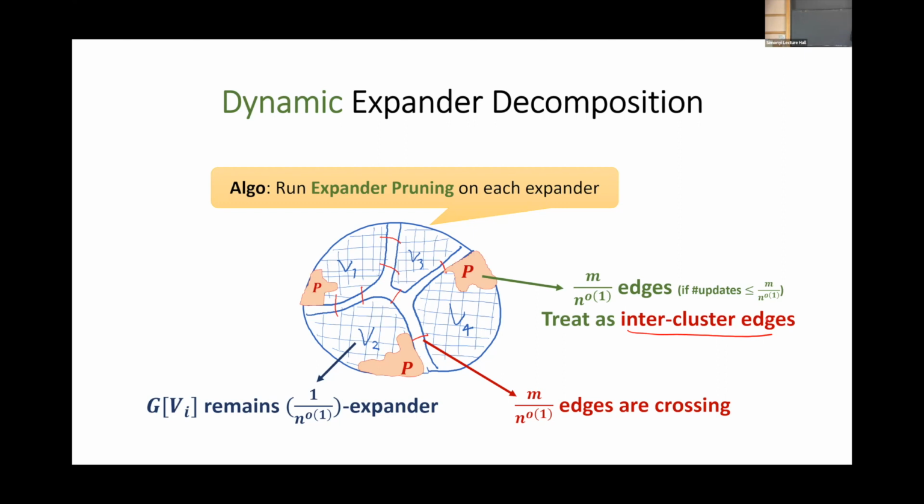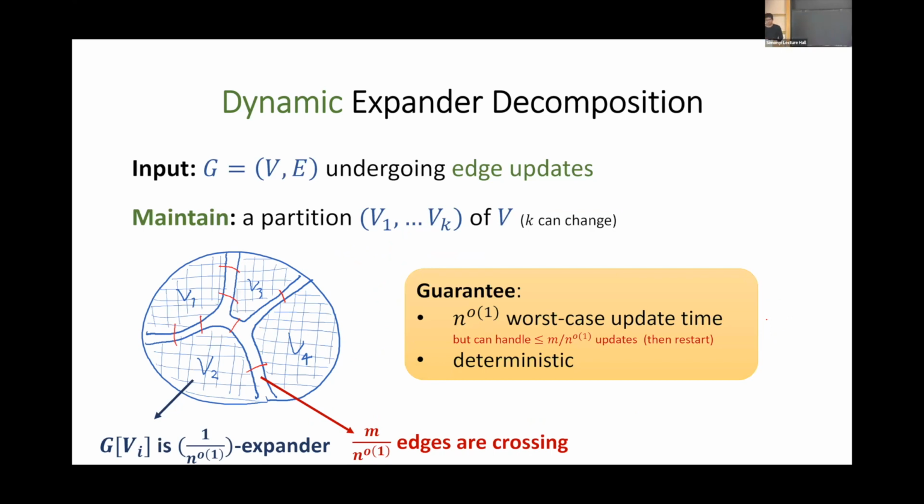So that's an easy way to get dynamic expander decomposition. And that's how we get a small update time for as long as the update is not too big. Once the update is huge, you can reset. Not a big problem.